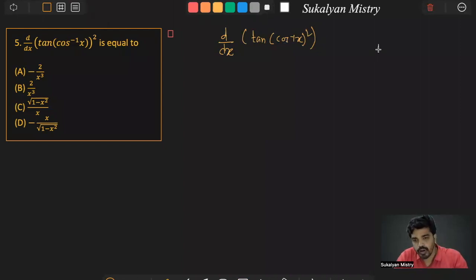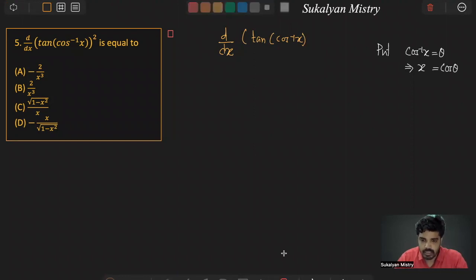So put cos inverse x equal to theta, so this implies x is equal to cos theta. So I have considered cos inverse x as theta, and tan cos inverse x is ultimately tan theta. So that means d/dx of tan theta square.